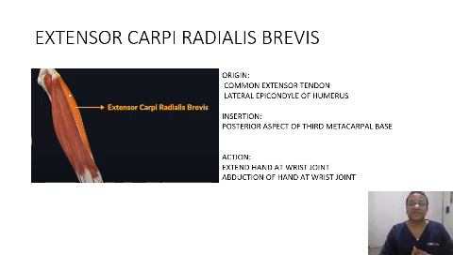It works alongside extensor carpi radialis longus, but ECRB is shorter and lies deeper. ECRB is often implicated in lateral epicondylitis, or tennis elbow, a painful condition caused by repetitive wrist extension. Understanding its anatomy helps in diagnosing and treating this condition effectively.